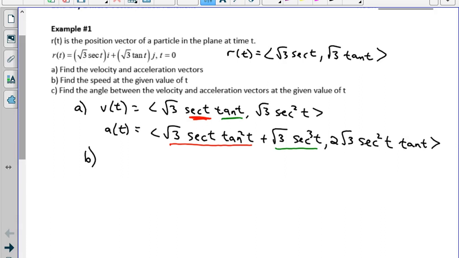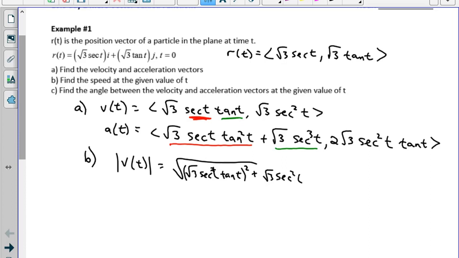Part B, the speed is the square root of the sum of the squares of each of the components. So root 3 secant t tangent t squared plus root 3 secant squared t squared. So that ends up being the velocity, and the speed is basically the absolute value of velocity.